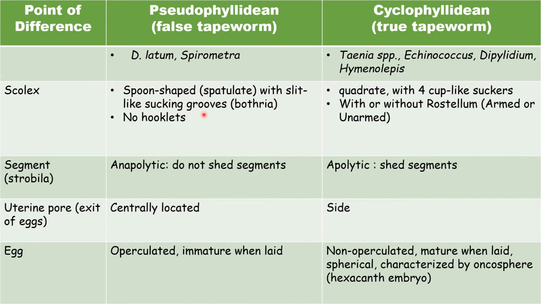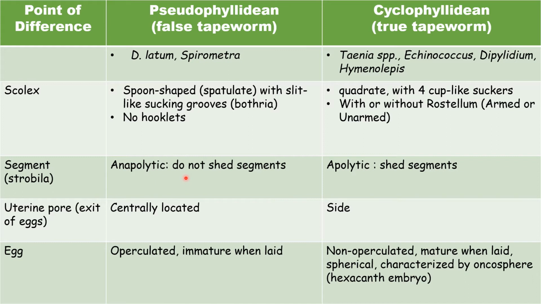Okay, that's why it is considered Pseudophyllidea, because since the majority of the cestodes are Cyclophyllidea, it was classified under the true tapeworms. But later on, it was identified that its scolex is far different from the Cyclophyllidea. Okay?